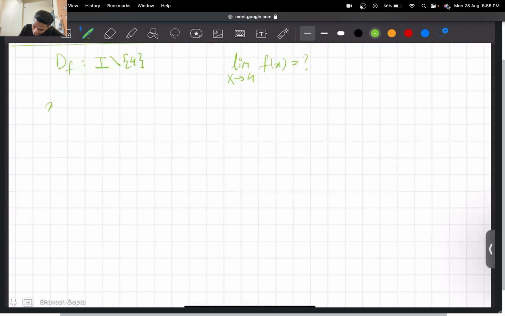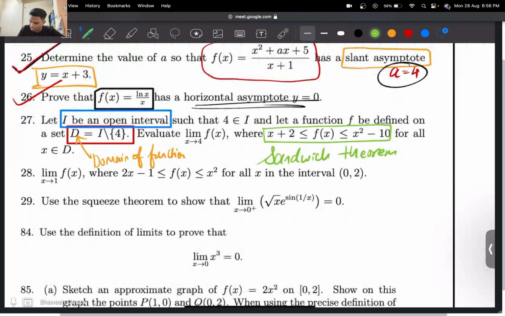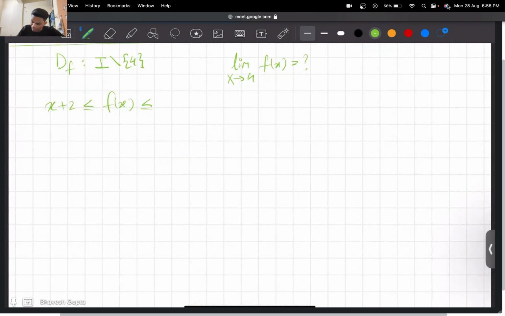And that something interesting is this. This basically tells you that my function is sandwiched between two different functions such that they follow this trend for all x belonging to the domain of f.